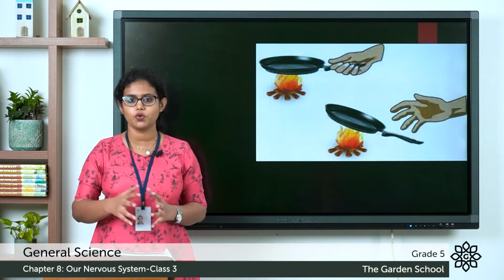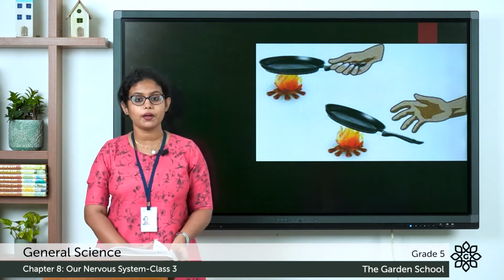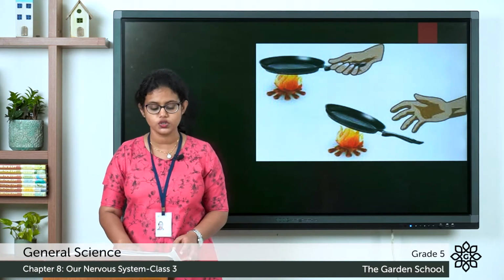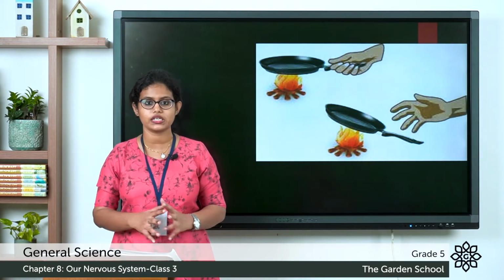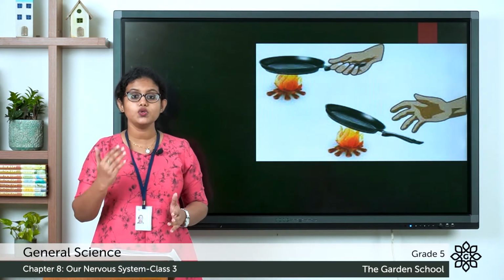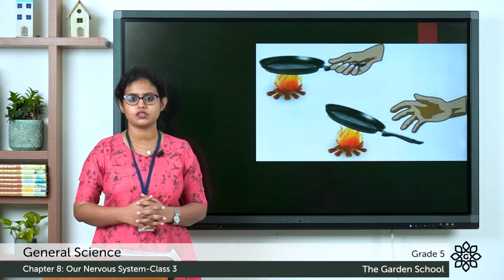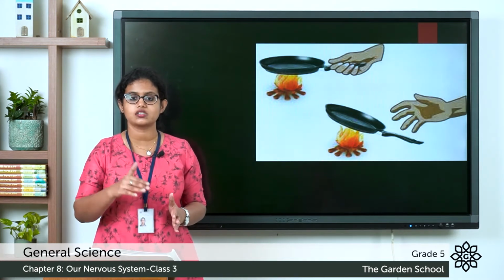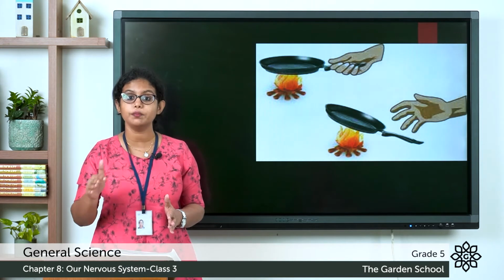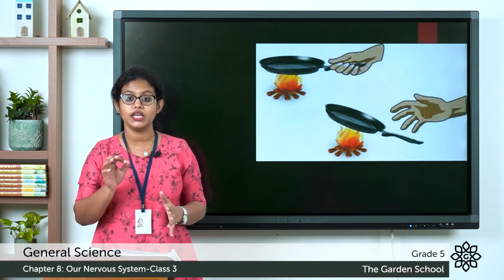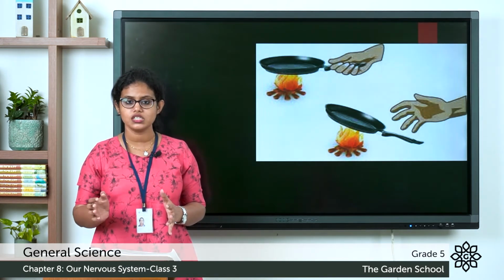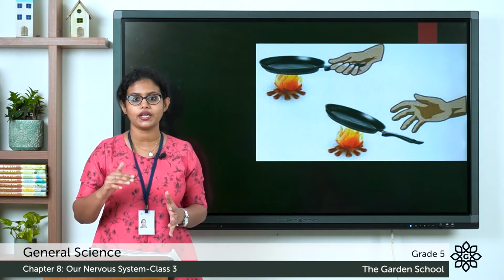So let me give you one more example. You can take page number 102 in your textbook, and we have one more example there. When you accidentally step on a thorn, you feel the pain. The nerves on your foot send a message to the spinal cord.